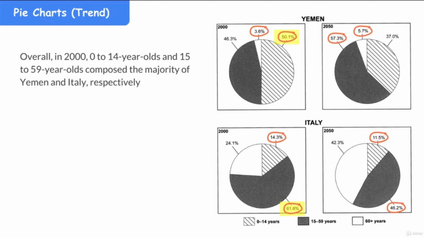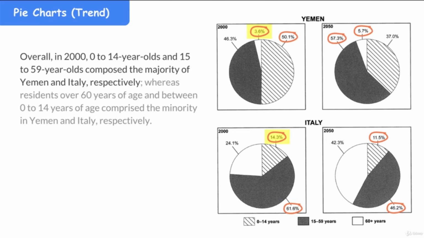Now let's add on some additional information to this sentence. We're now going to be talking about the lowest data points in the year 2000 for both Yemen and Italy. So we're going to extend this same sentence by using a semicolon and using a conjunction.